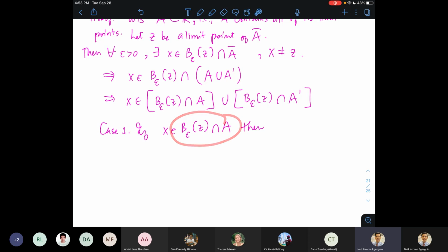Doesn't this intersection ring any bell? Ano yung implication nito, aside from X being in A? You can try again, Dan, kung may maiisip kang idea. Pwede nating i-probe yan. Or anyone else?